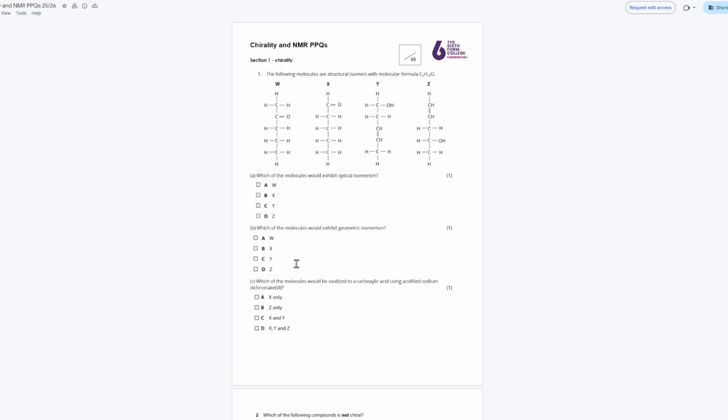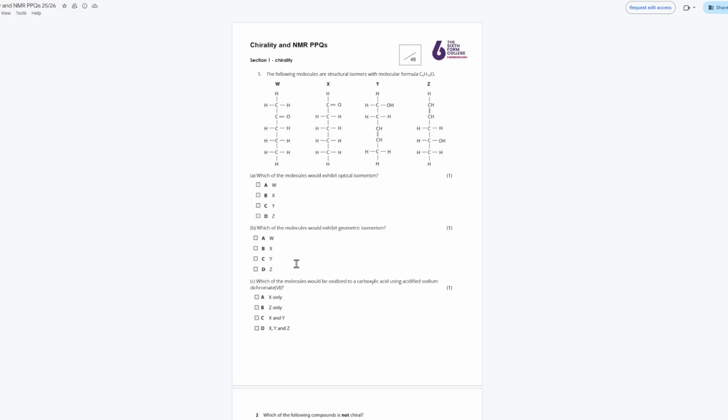Which of the molecules would be oxidized to a carboxylic acid using acidified sodium dichromate? I mean, potassium dichromate is what I'm used to, but it's the same principle. I'm presuming carboxylic acid, that'd be a ketone, and it is a ketone, yeah? Or is it? No. Ketone is a secondary alcohol.